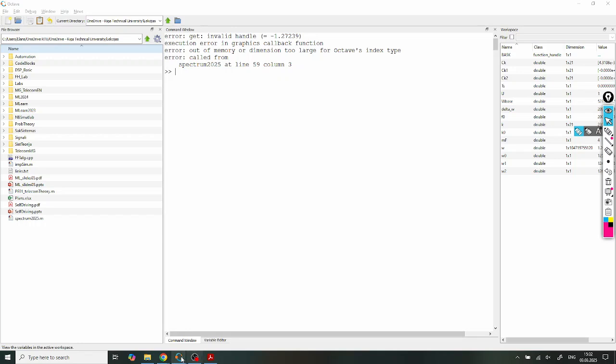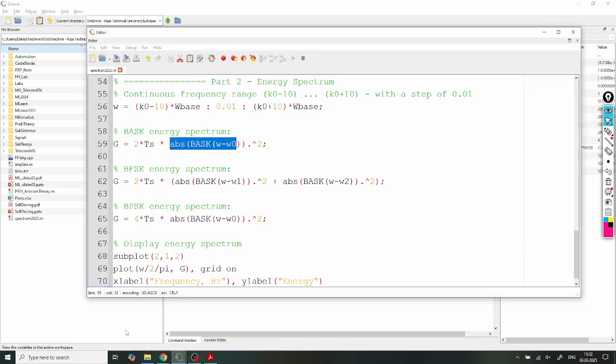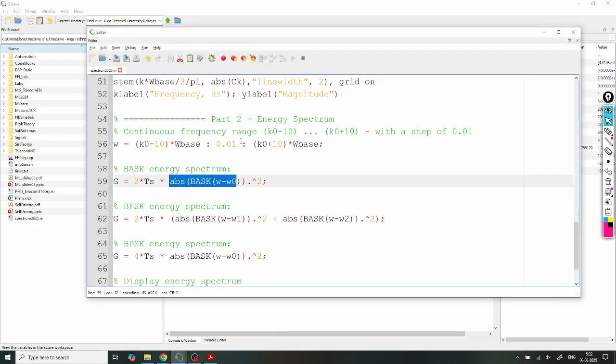So that's because I made a small mistake here when I defined this frequency range. In fact, what I wanted to change with a step of 0.01 is this k value, not the base.